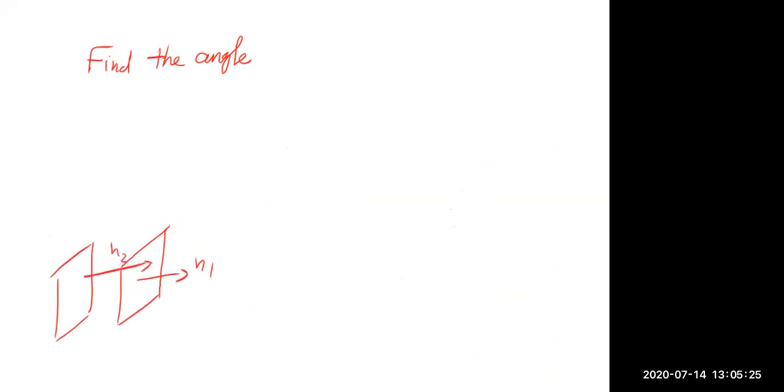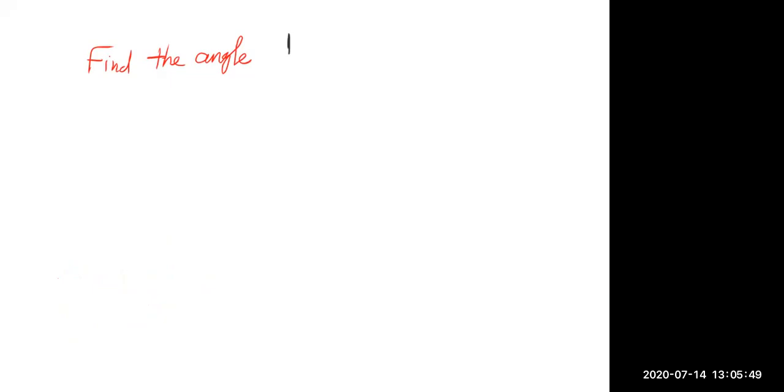If the angle between N1 and N2 is 0, then it means they're parallel. Thank you for more accurate answers. So if the angle is 0, they're parallel. We can use this method to completely understand if they're parallel or they will intersect.